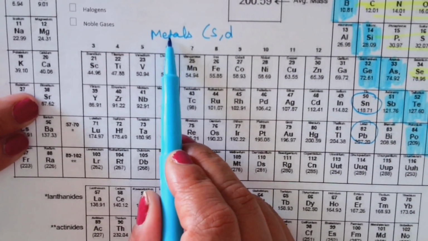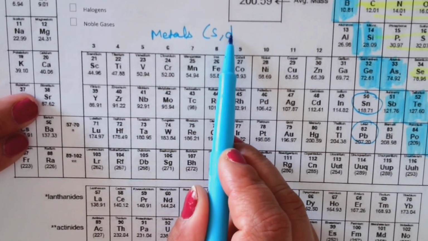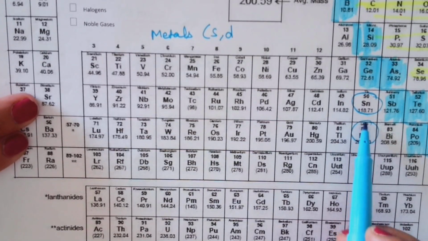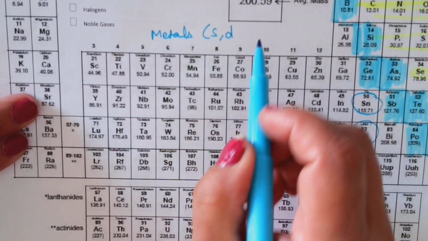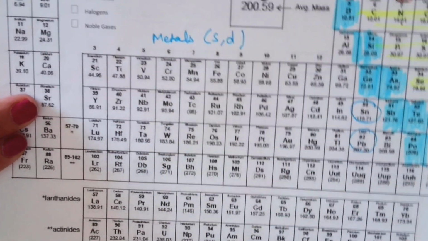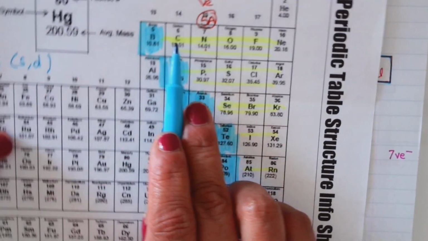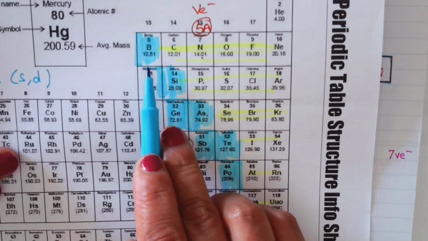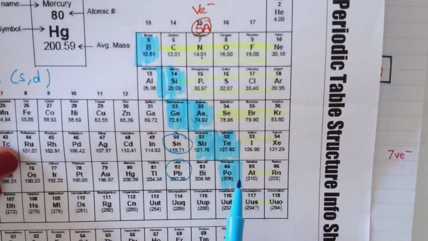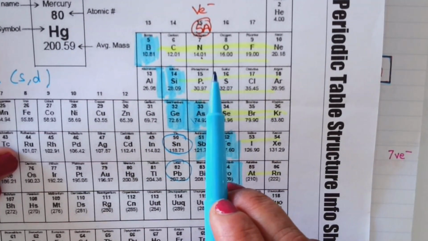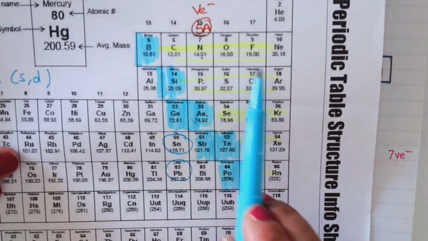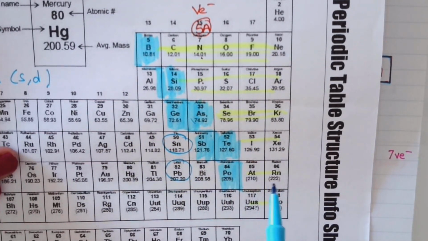So all the S and D block transition metals and some in the P block are called metals. Now the non-metals are the ones to the right of the staircase, and the elements along the staircase are called metalloids or semi-metals. So all these ones are non-metals.